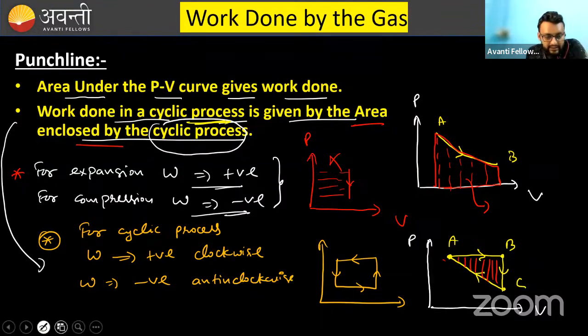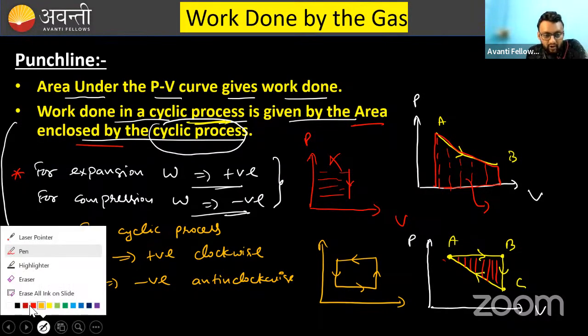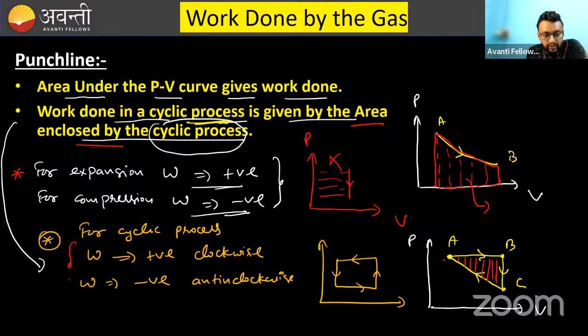The only thing that will create confusion is the sign of the work done, because all the 10 students make a mistake, because there were four options, two of positive sign, two of negative sign with the same magnitude. Then how will you identify? It is important to remember this for a cyclic process. That means in this process, work done will be positive, and in this process, work done will be negative.